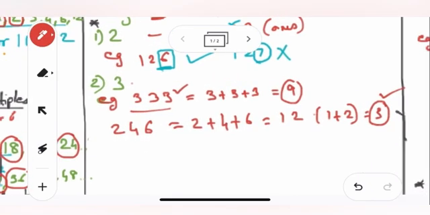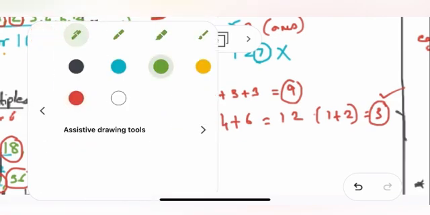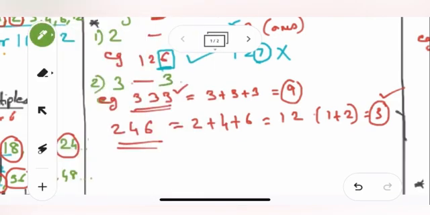When we add these numbers, we should get a number which comes in the table of 3, either 3, 6, 9 or 12. When the number is two digits like 12 or 15, we have to add again like this. So 12 comes as 3.